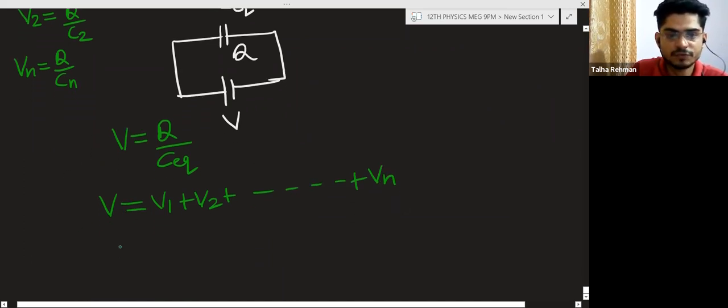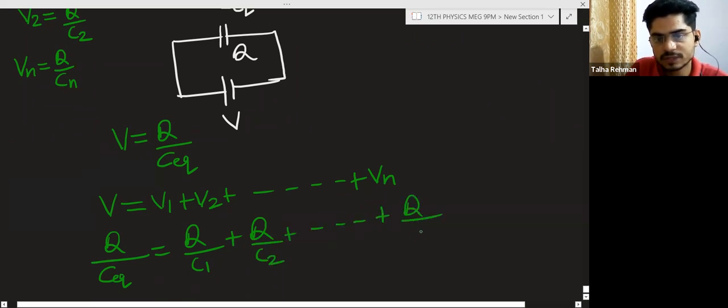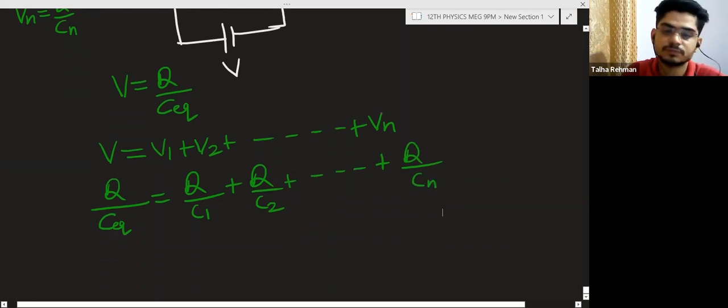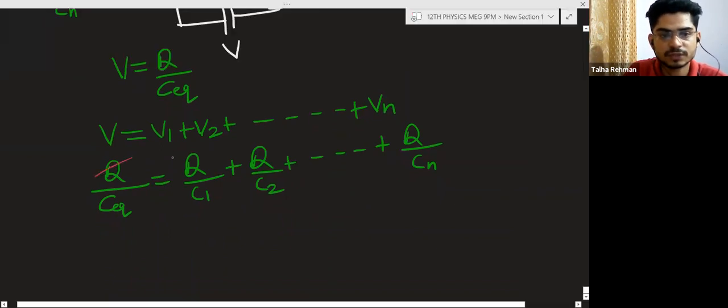V is equal to Q by C equivalent, V1 is Q by C1, V2 is Q by C2, and Vn is Q by Cn. From here, Q cancels out.